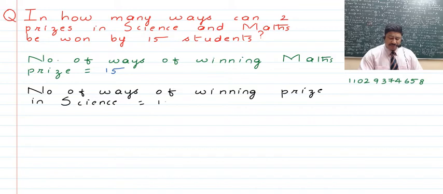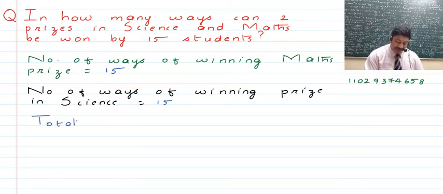Because the prize is not necessarily to be won in maths and not in science. As such, the boy or the girl who wins a prize in maths can obviously also win a prize in science. That means he or she can probably compete in an examination where he or she gets the highest marks.